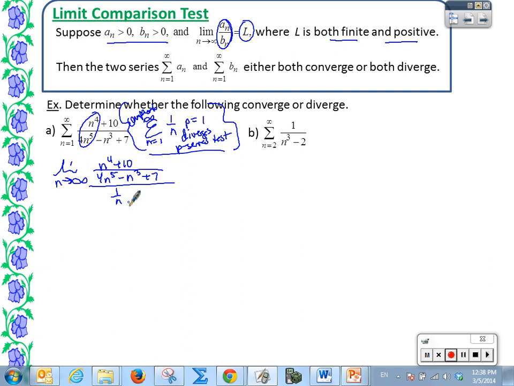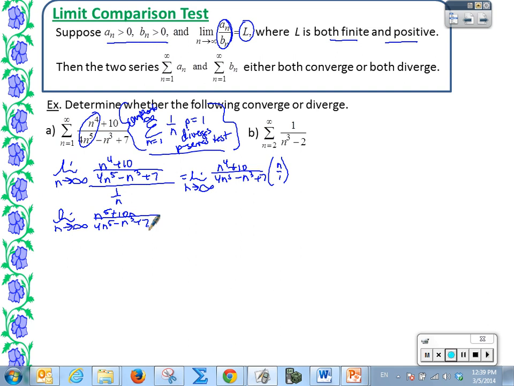And so I fix my complex fractions, and I get the limit as n goes to infinity of n to the 4th plus 10 over 4n to the 5th minus n cubed plus 7, multiplied by, that's going to flip up, n over 1. And just to clean it up a bit, again, I'm showing several steps. You don't have to. We have n to the 5th plus 10n over 4n to the 5th minus n cubed plus 7.